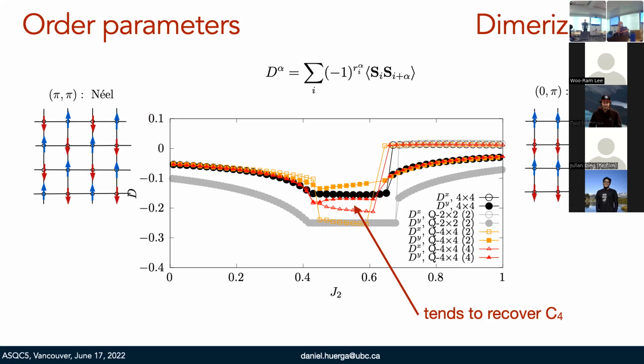How do you see from the data that the C4 symmetry is recovered if you increase the number of layers? Well, this is the conjecture that I'm saying. The yellow points correspond to M2 macro layers, while red corresponds to M4.